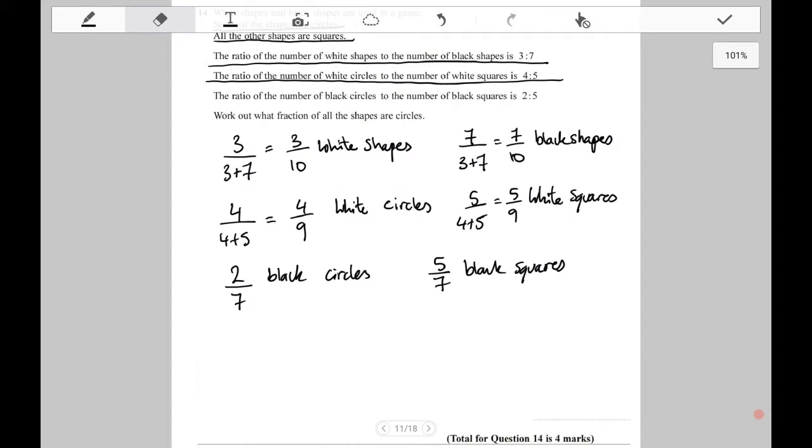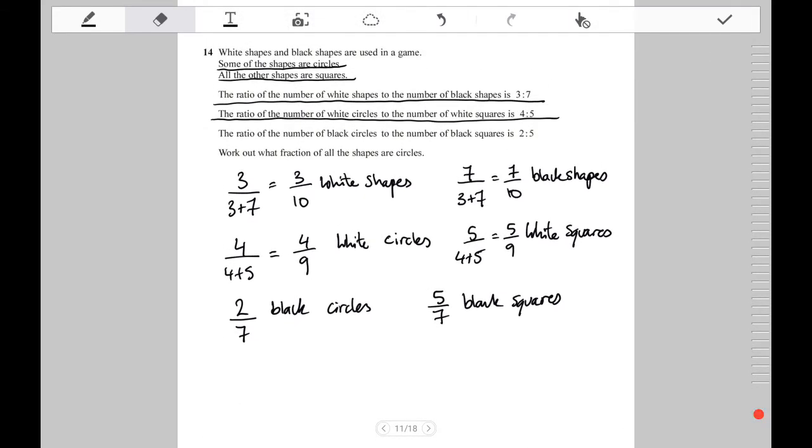Let's say all these circles and squares were in a bag, and you were asked what's the probability of getting out a black circle, and what's the probability of getting a white circle. And we know from this question that you can only have black or white shapes. So we can use that approach here.